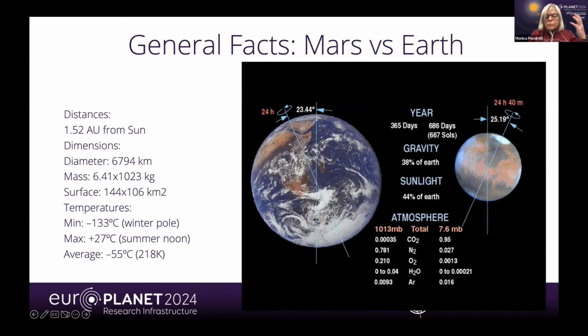You would need 6 and something Mars to fill the volume of Earth, which leads to the fact that the gravity is just more or less 38% of the one of the Earth, which is one of the reasons, not the only one, why the atmosphere is much thinner than the one of the Earth. Then Mars orbit has obliquity like the one of the Earth. Mars has seasons.